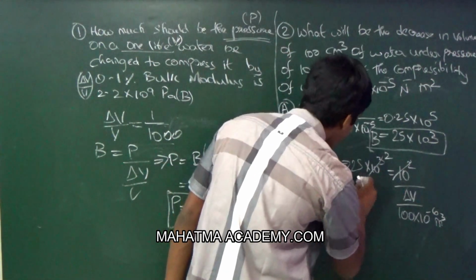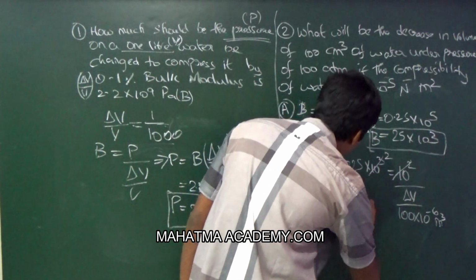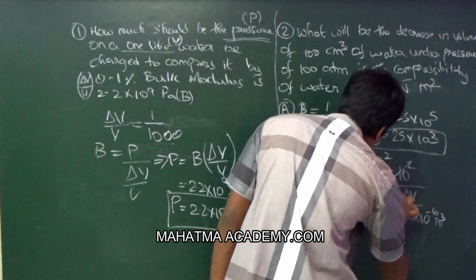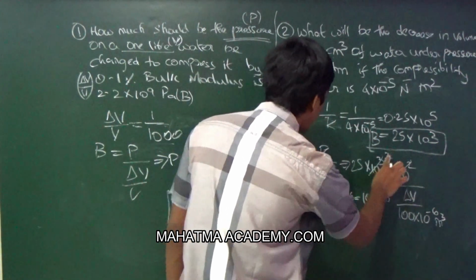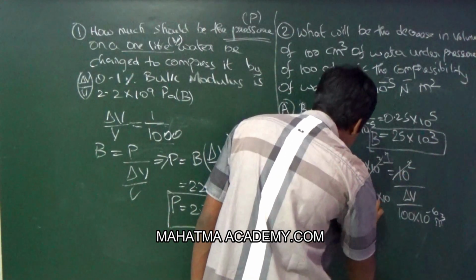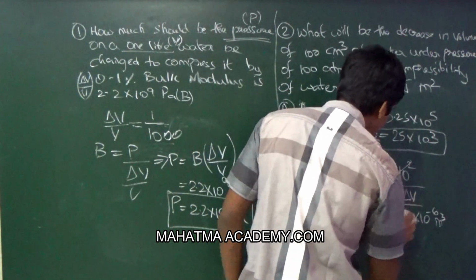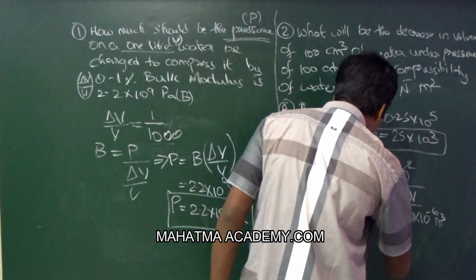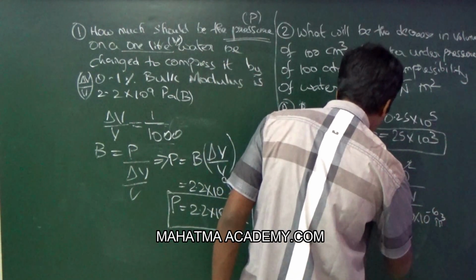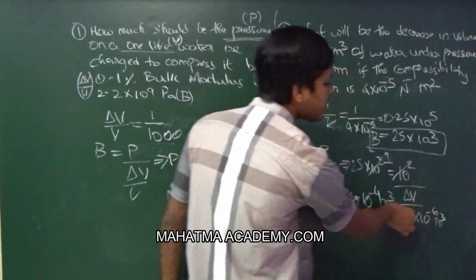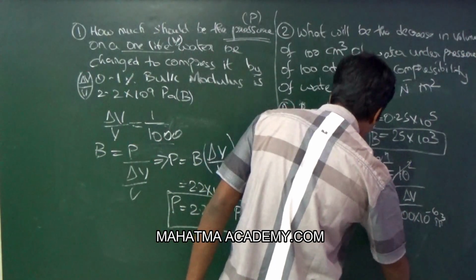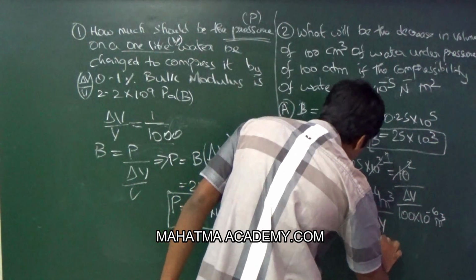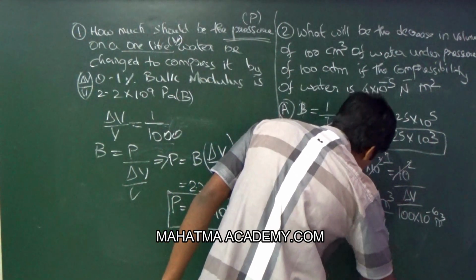So 25 is equal to 100 into 10 to the power of minus 6, or you can simplify it as 10 to the power of minus 4 meter cubed, upside by delta V. So delta V is equal to 10 to the power of minus 4 meter cube upon 250.